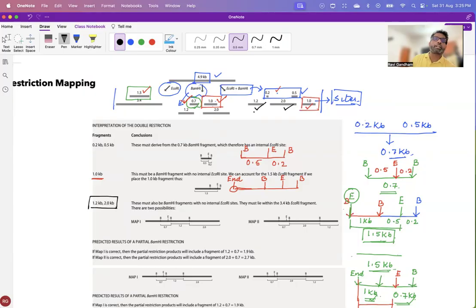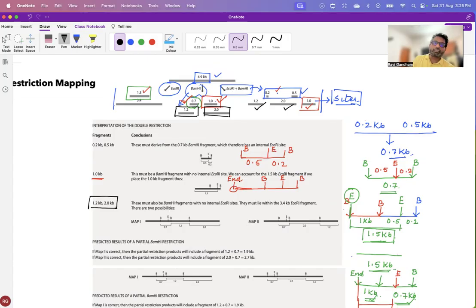There are no fragments that would sum up to 1.2 and 2 kb in the individual digests. Right. So now what do we do? But we have the direct complete length of 1.2 and 2 kb in your BamHI digest. So what does that mean?